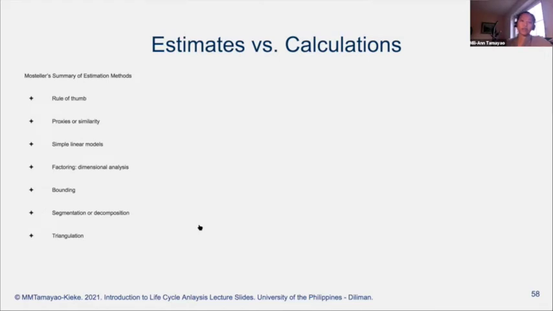Segmentation or decomposition, so looking at particular factors of your model, and then triangulation, okay? So you're given information on the parameter, but not exactly at the level that you need for your analysis. Then you can triangulate given the available values.